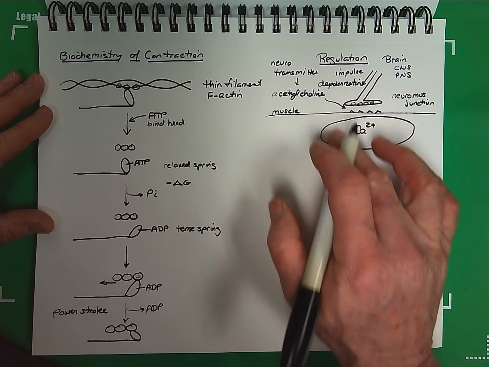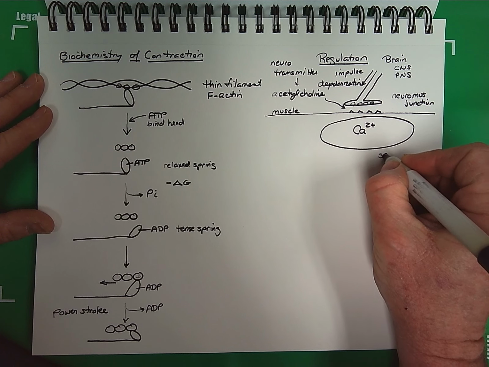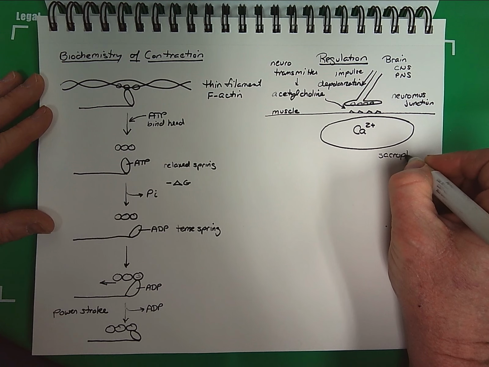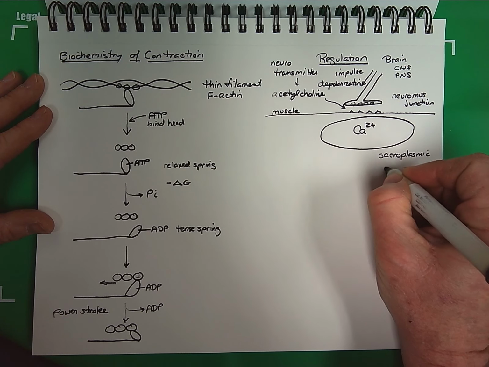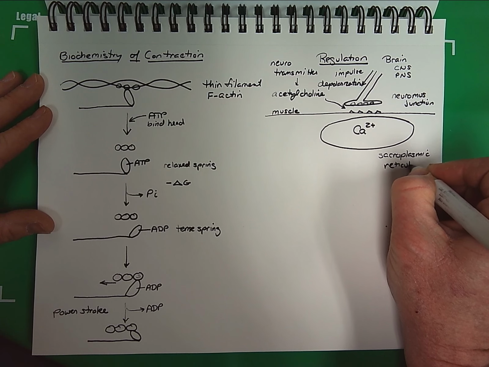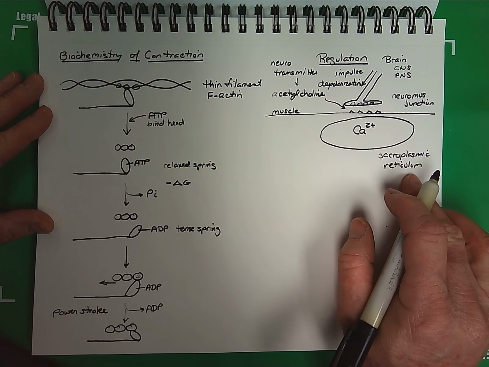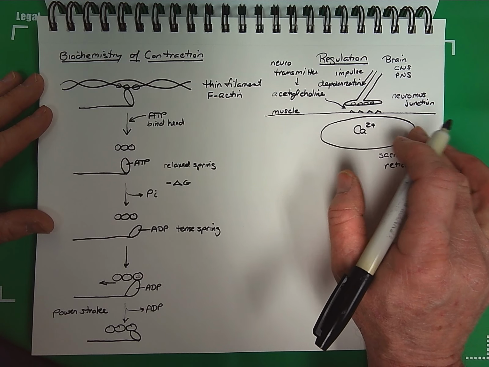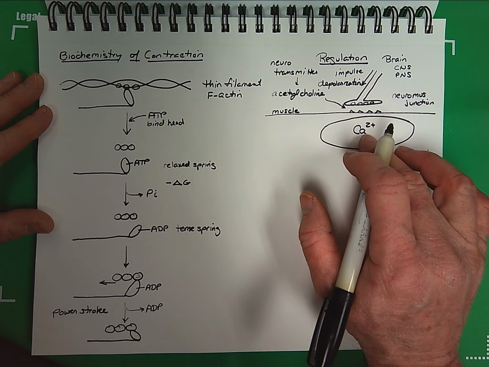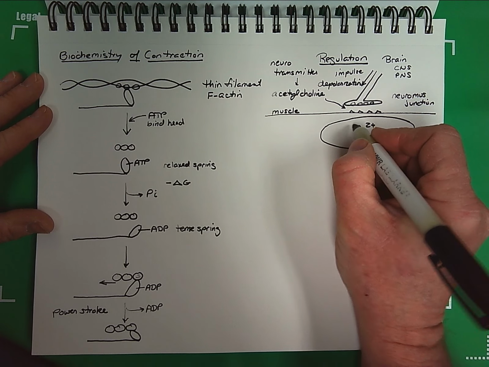This intracellular compartment inside of muscles is called the sarcoplasmic reticulum. The sarcoplasmic reticulum is a membrane-bound vesicle inside of muscle cells, and its specific job is to maintain a high calcium concentration.